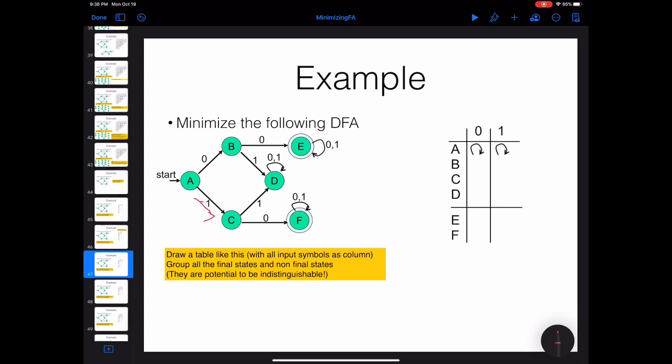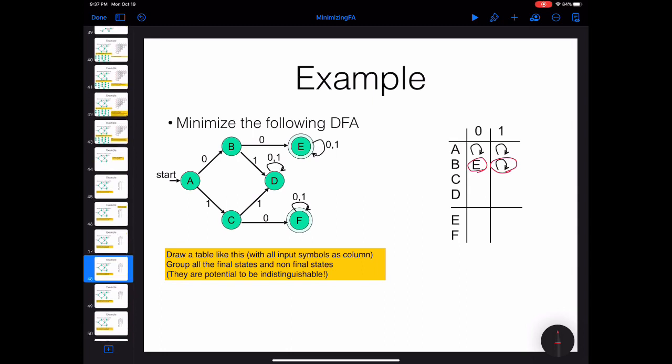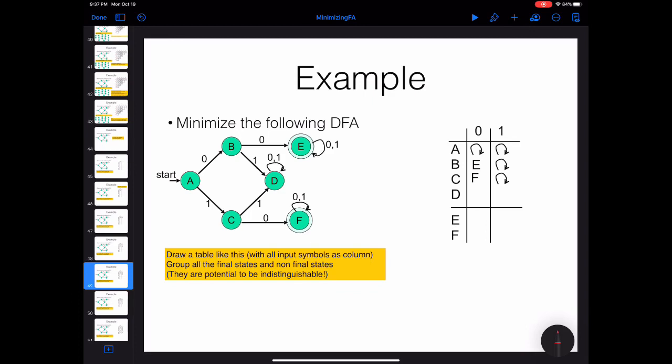With B, if you look at the transition, over 0 you are going to a different group, so I'm writing it as E. But over 1, you are going to D, which is in the same group, so I'm writing it as you are staying in the same group.